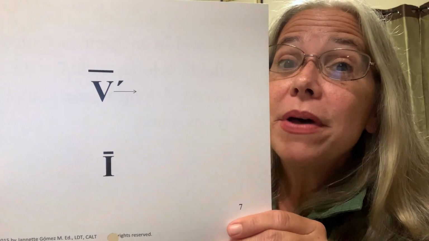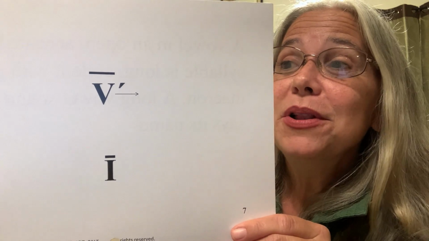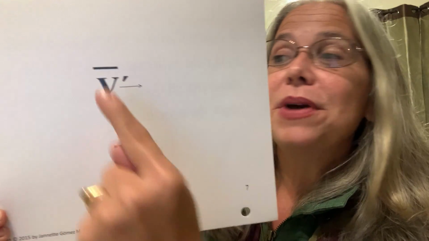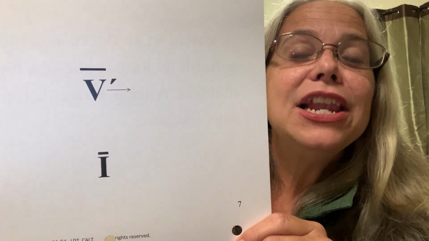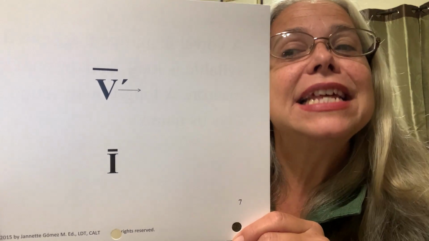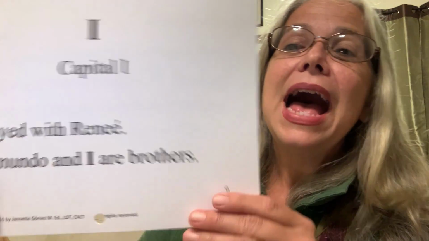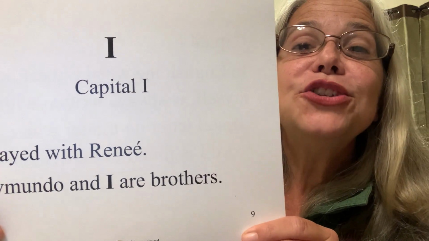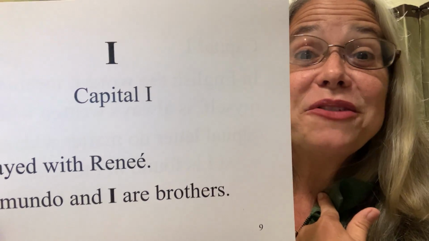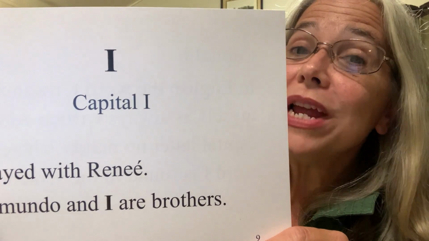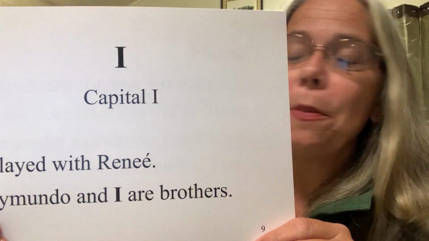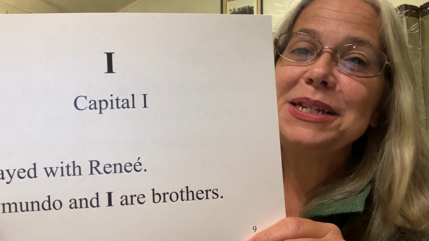Let's review some of our concepts we have already learned. A vowel in an open accented syllable is long, coded with a macron. A long vowel sound is the name of the letter. Capital I. In English, the word I, meaning myself, is always written with a capital letter, no matter where it is in the sentence.